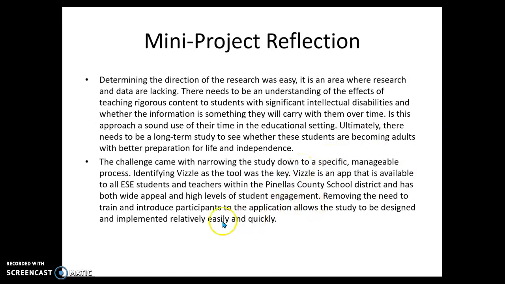And removing the need to train and introduce participants to the application, as well as removing the need to train the staff, really cuts down on the lead time for a project like this.